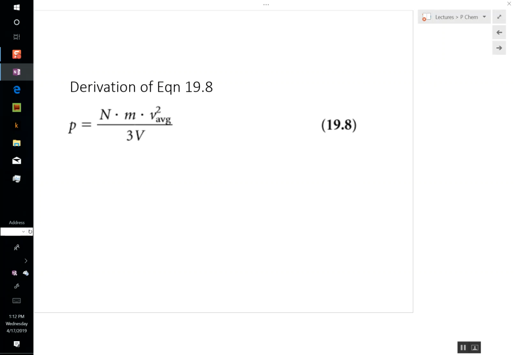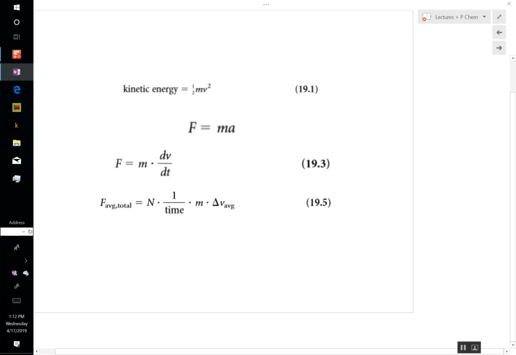I'm not sure that directly correlates to this velocity right here. You'll see in a minute how we get there.